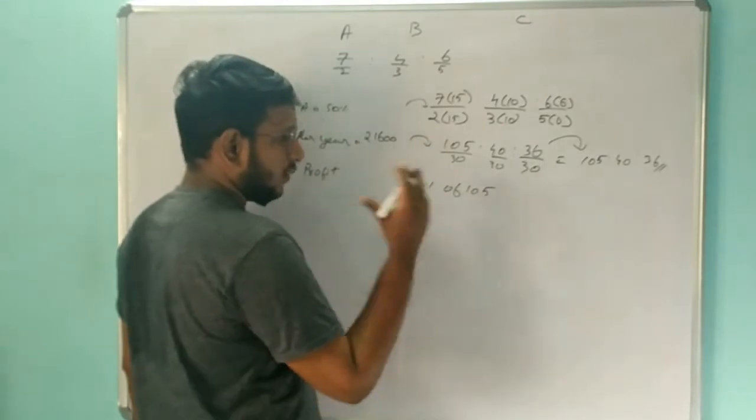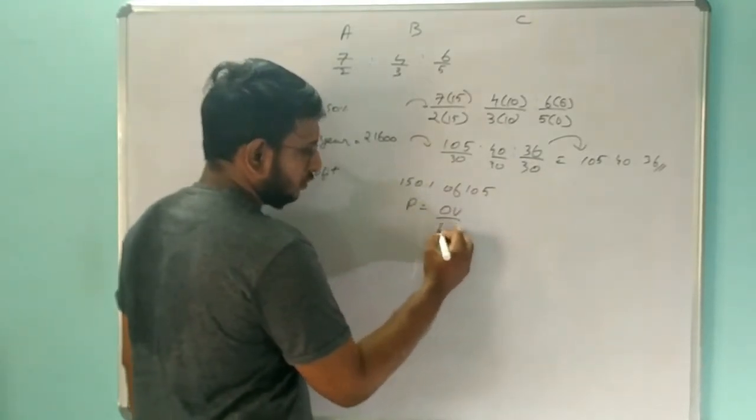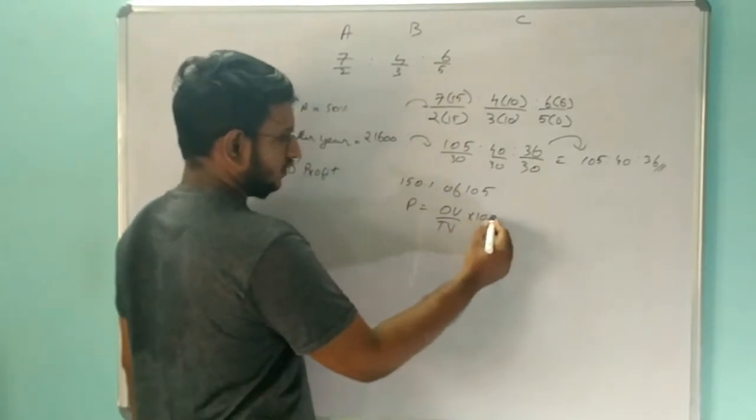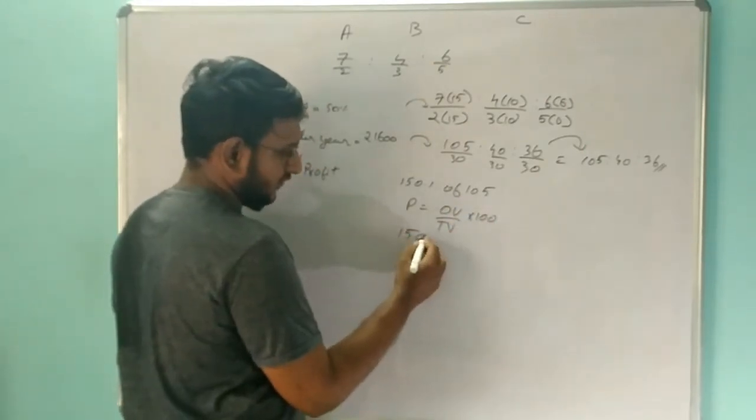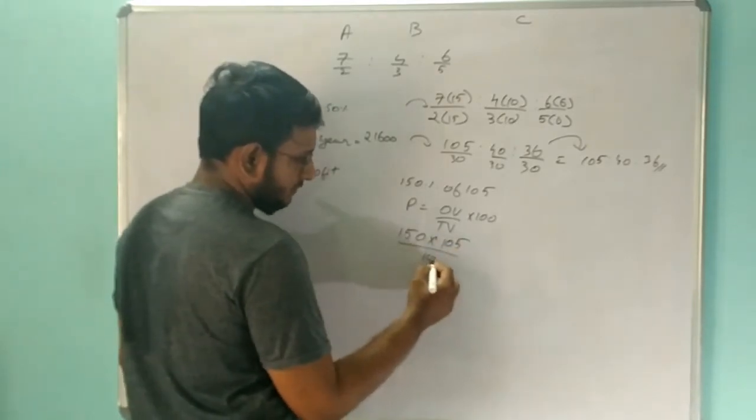Again, the percentage formula: percentage is equal to obtained value by total value into 100. Here the percentage is 150, the total value is 105, and we divide by 100.